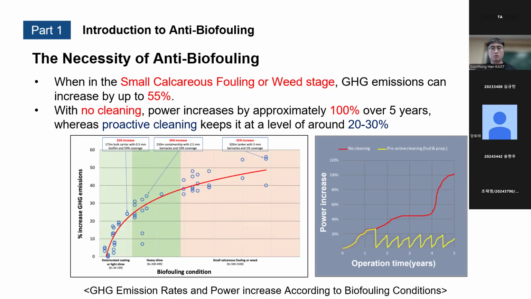In the worst stage, GHG emissions can increase by up to 55%, and with proactive cleaning, it increases by approximately 1% over 5 years. But proactive cleaning keeps it at a level of around 20 or 30%.